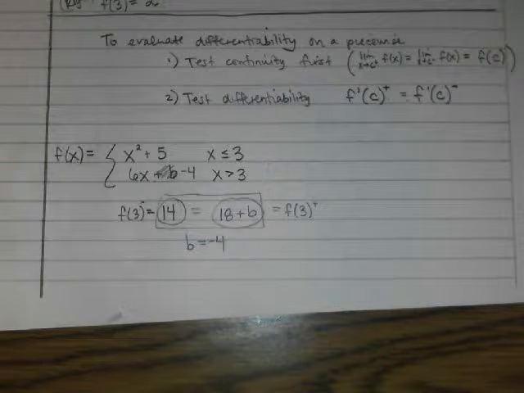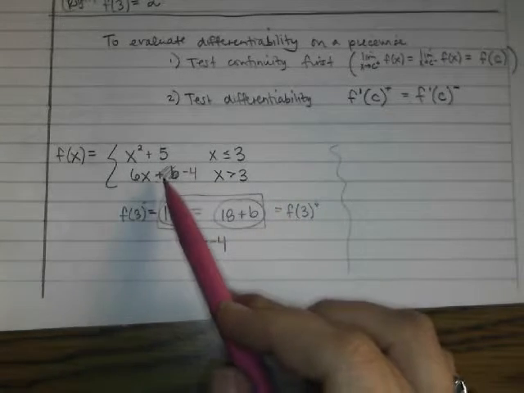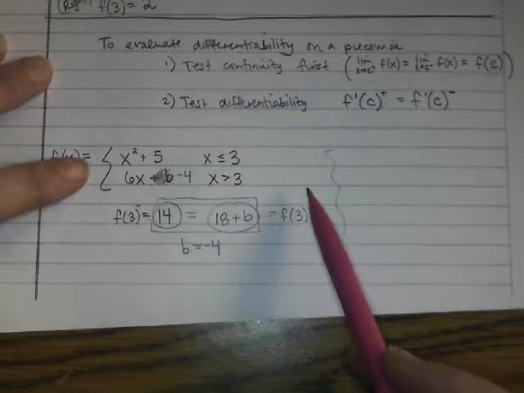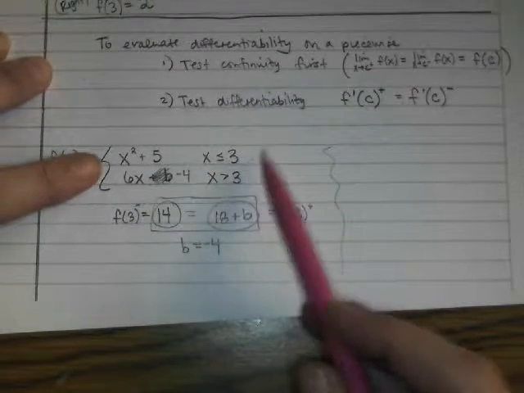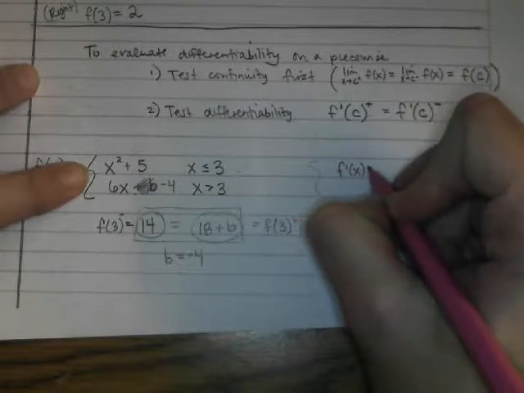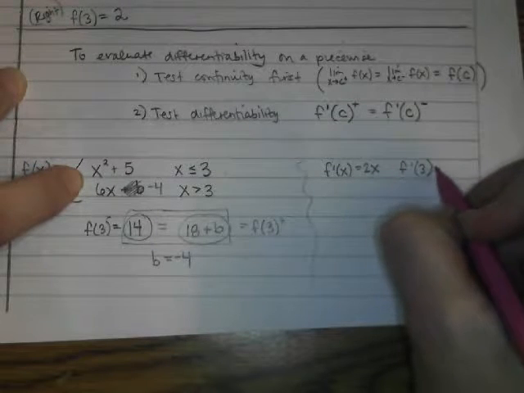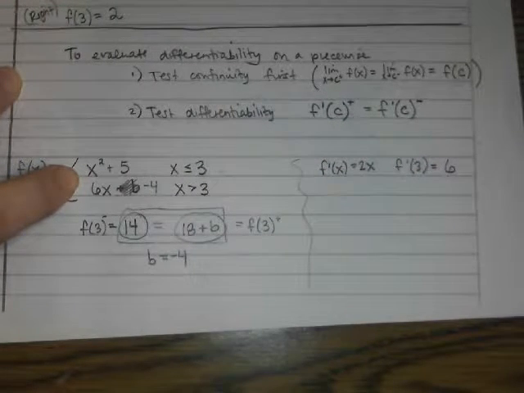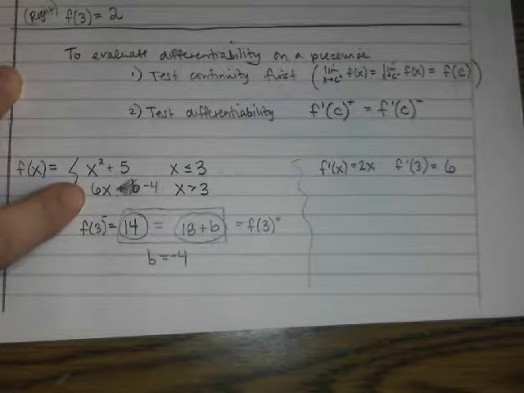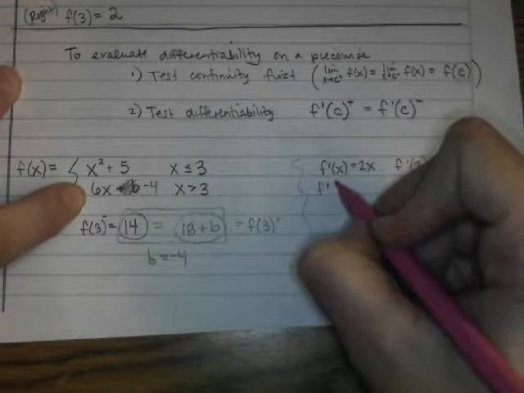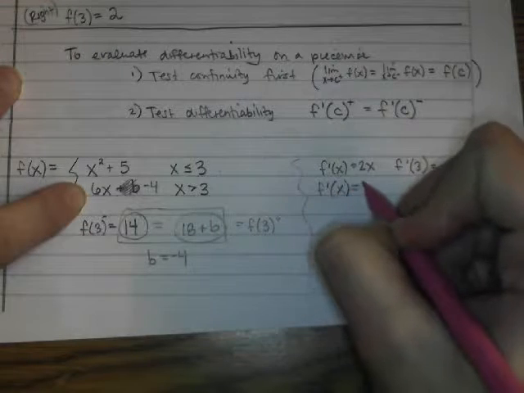Now to see whether or not it is differentiable, because there's no other variable to find here, I'm going to find the derivative coming from the left, which is 2x, and then I'm going to evaluate that derivative at 3 and get 6. And I'll do the same for the second function coming at 3 from the right. So the derivative of 6x minus 4 is just 6.